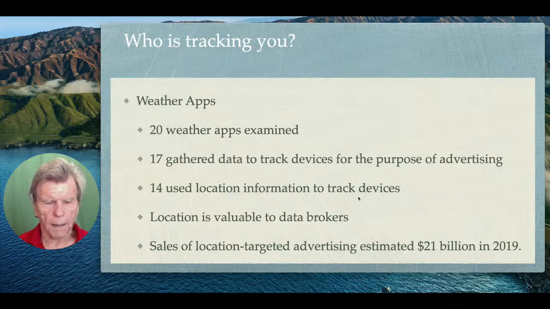Of the top 20 weather apps, 17 gathered data that tracks your device so that they could target advertising to you. 14 used location data. So they tracked where your iPhone was.